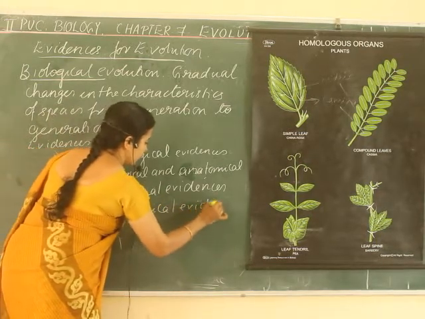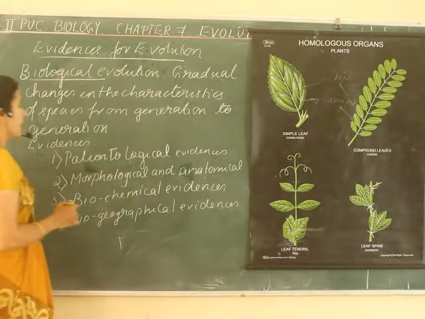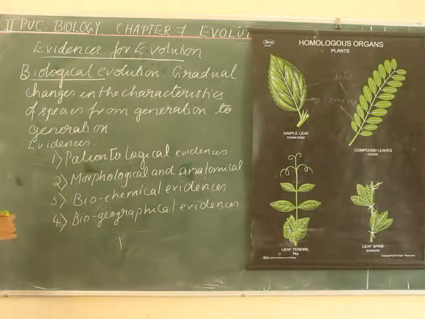So these are the 4 evidences to support that evolution has occurred on Earth.